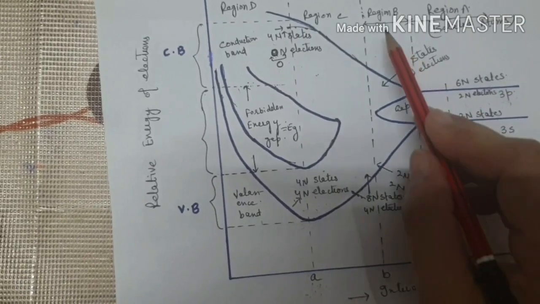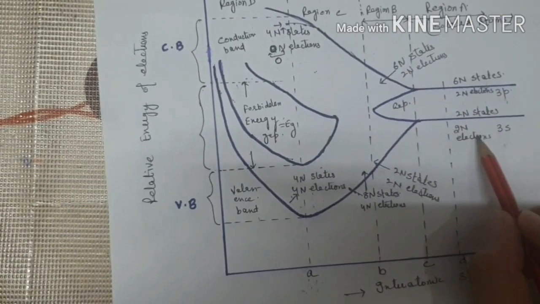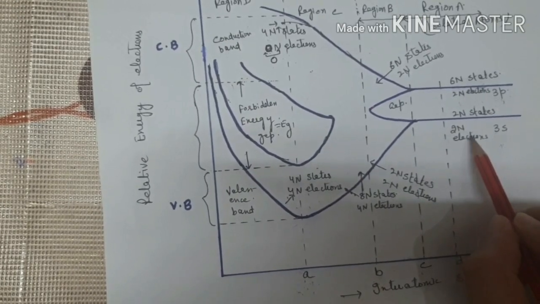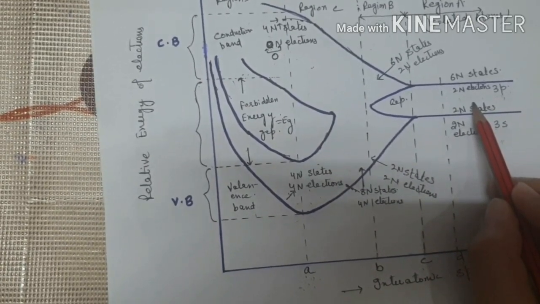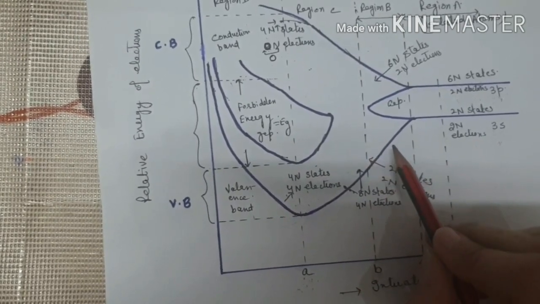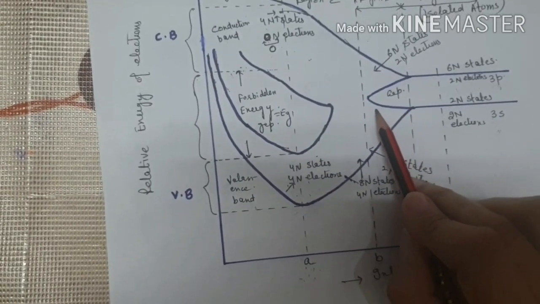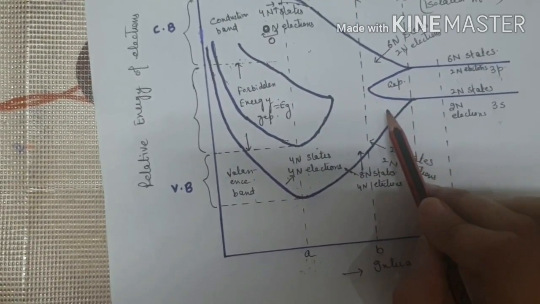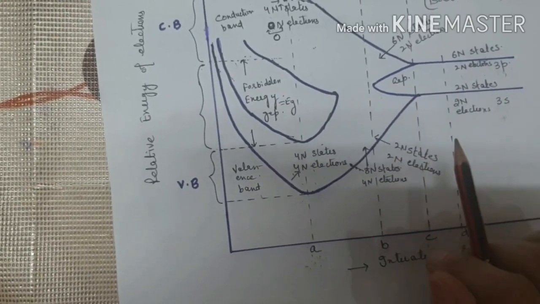This is region B. Instead of a single 3s or 3p level, we get 2n energy levels corresponding to 3s and 6n energy levels corresponding to the 3p level of an atom. All these levels are closely packed in a very small energy range. Such a set of closely spaced energy levels with continuous energy variation is called an energy band.